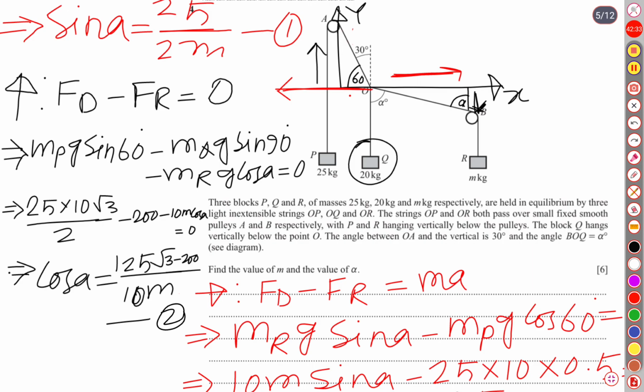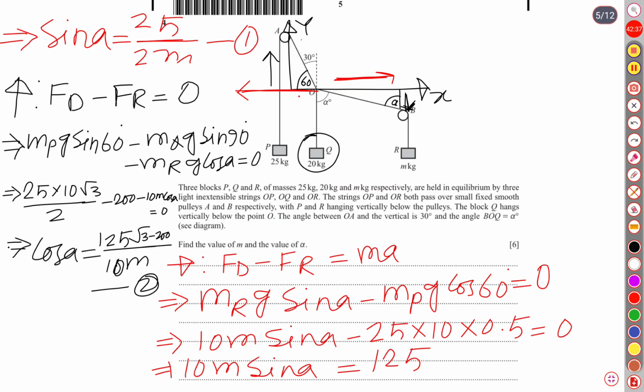Now we will divide equation number 1 by equation number 2, so that we can find tan alpha. As I don't have sufficient space to write over here, let me have a new page. So we will write equation 1 divided by equation 2.